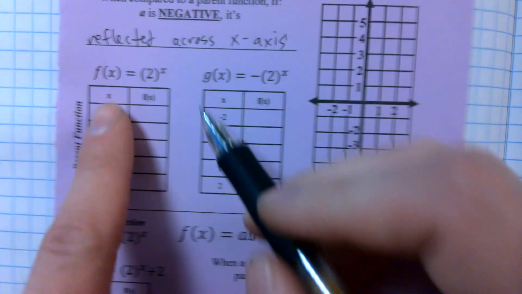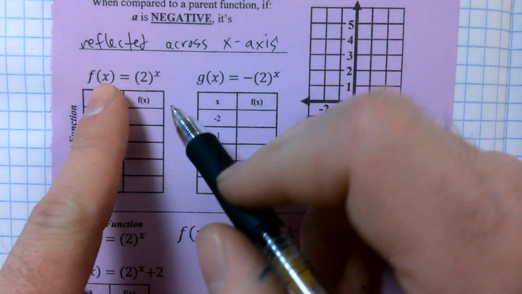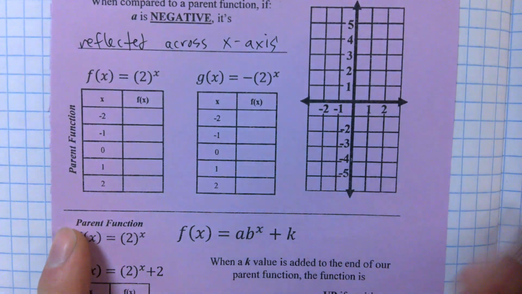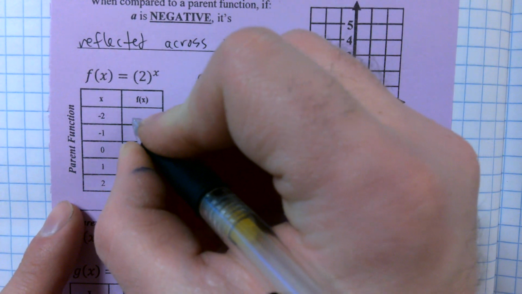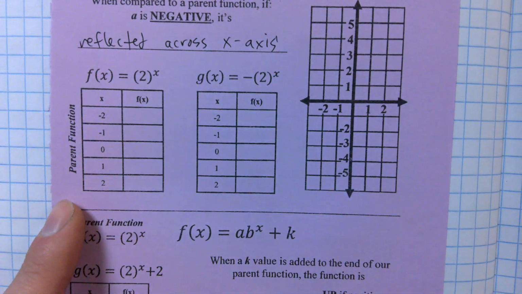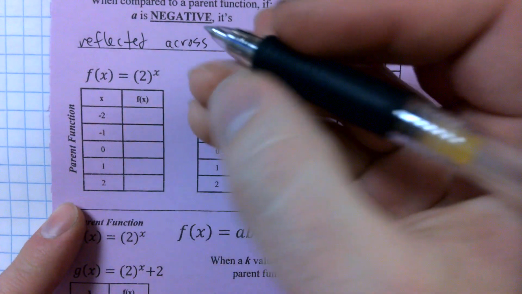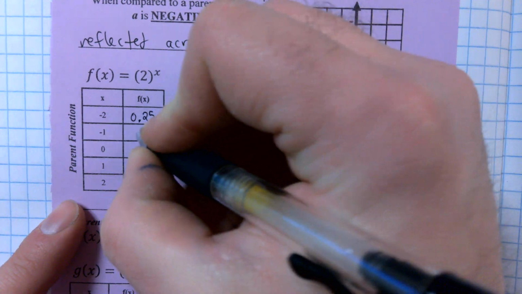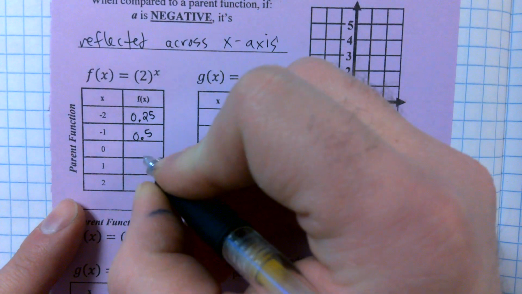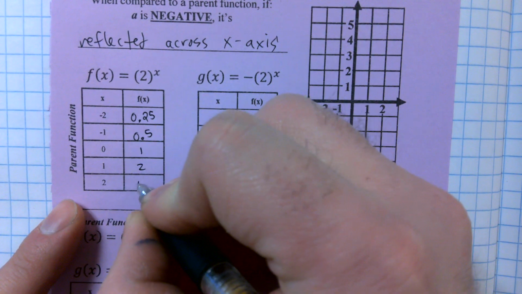So, if you take a look, my parent function, we're using the same one as before. So I already know what my values are going to be. This is going to be 0.25, 0.5, 1, 2, 4.